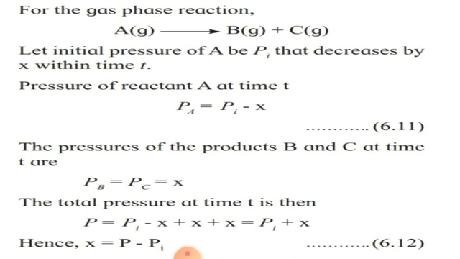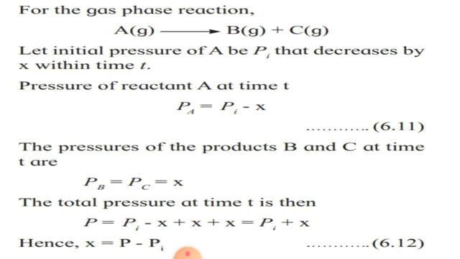Now the total pressure at time T is P. Total pressure means the pressure of the reactant as well as the pressure of the products. So P is equal to Pa plus Pb plus Pc.